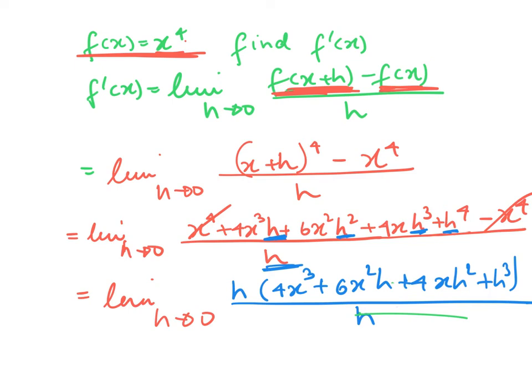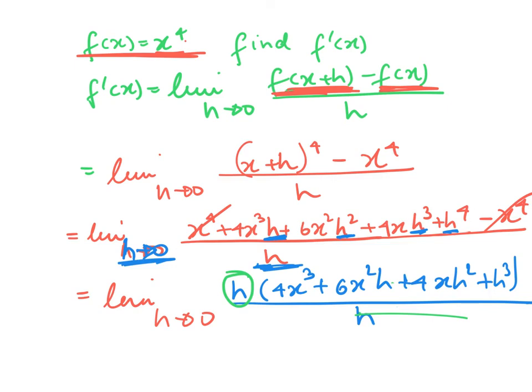Looking at this statement, h is approaching 0, which is the limiting value. h is getting so close to 0 that we may say it is equal to 0, but that raises a problem. If we say it's equal to 0, we can't replace this h with 0 because we can't divide by 0. So we look to see if we have anything in common.